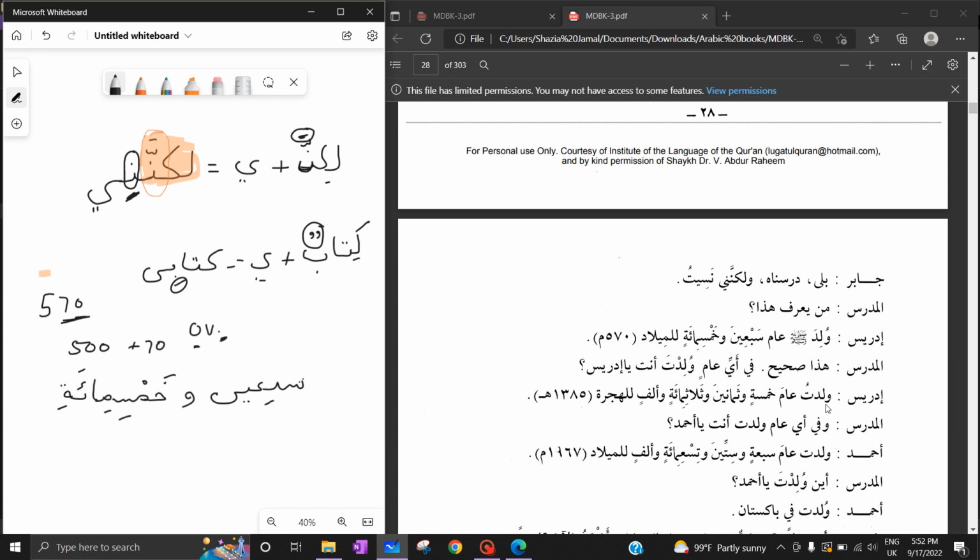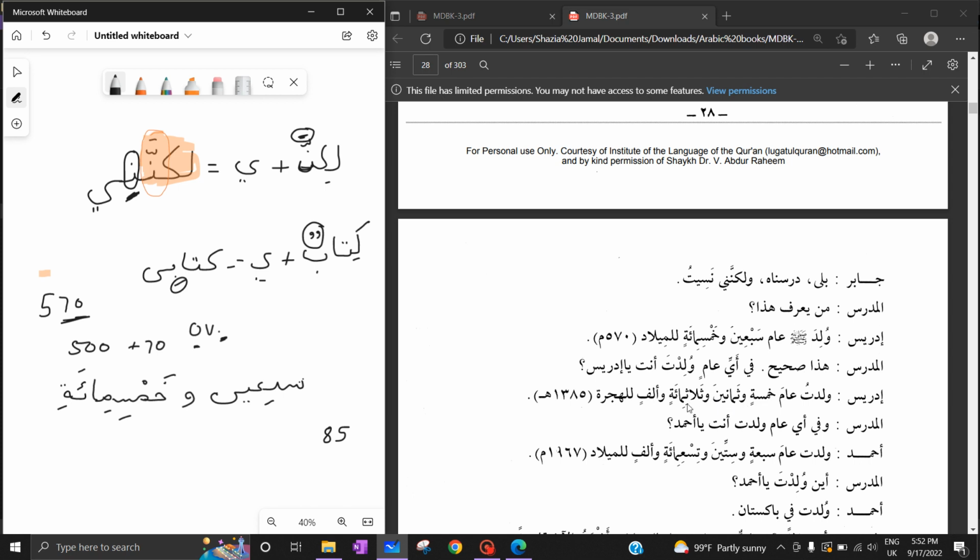Wulidtu means I was born. Ama is mansub. Khamsatin means khamsa, 5. Okay, so we will write 5. How can we deduce the number from the Arabic writing? Khamsatin, 5. Wa thamani means 85. 80 and 5. Thamaneen is 80.